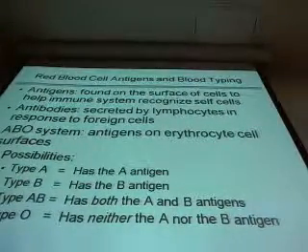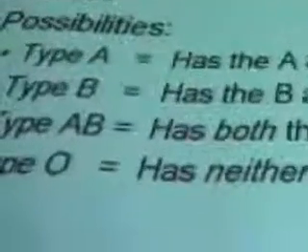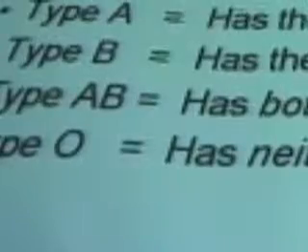Whatever the body makes against the hepatitis antigen or the hepatitis virus. Okay? Hepatitis is not a naturally occurring antibody, meaning you have to be exposed to it to get your body to create it.